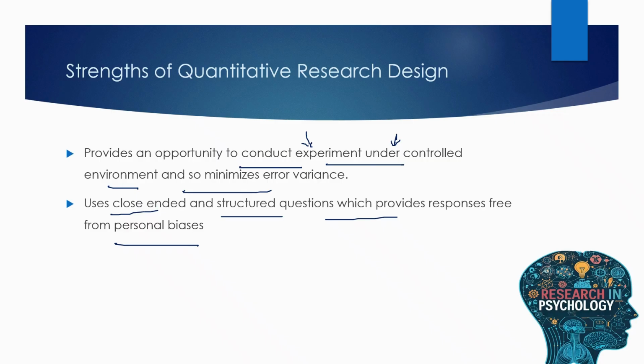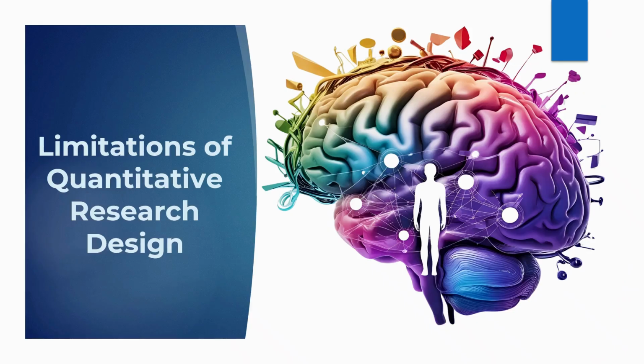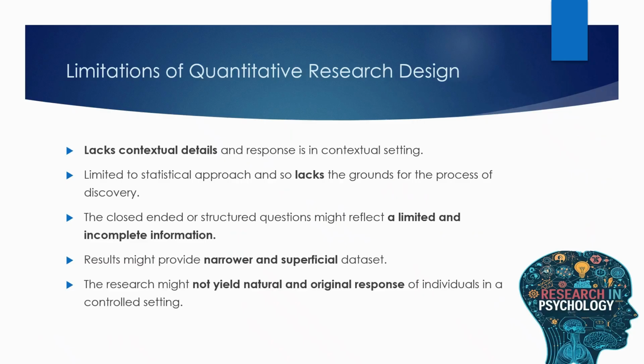So if there is a strength, there has to be a weakness also. So these are the limitations of quantitative research design that we are going to look at next. It lacks contextual details, which means you are using close-ended questions, right?